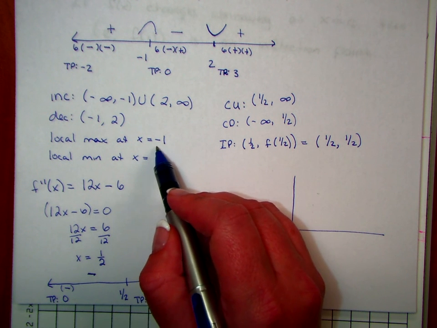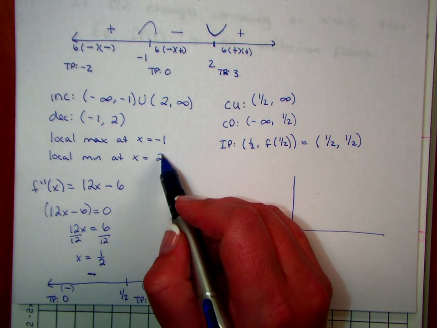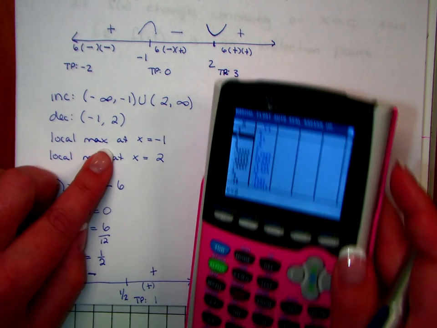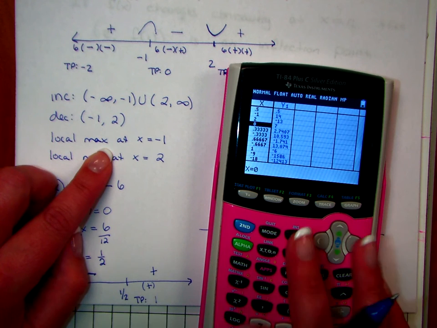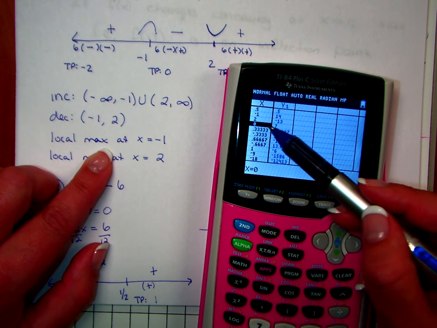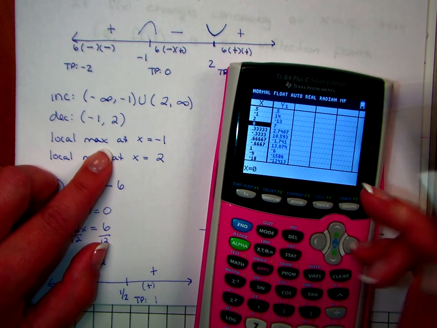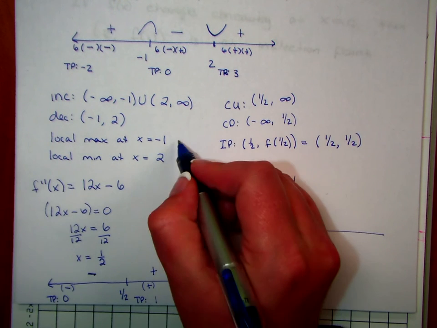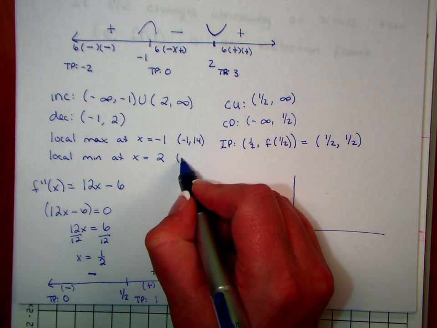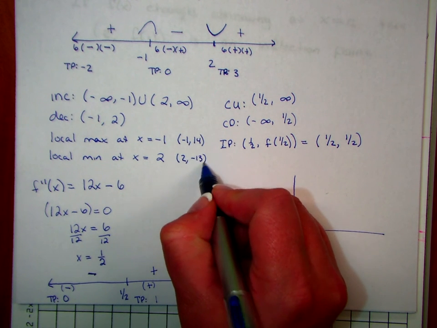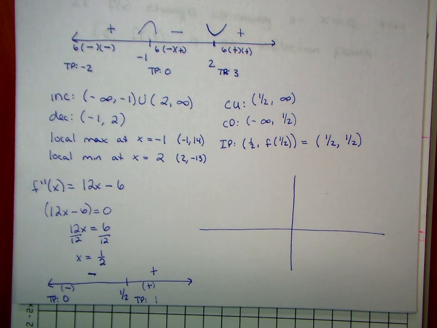So I know I have a max at -1 and a min at 2, but what is the max? Remember, the max is the y value. So I'm going to plug -1 and 2 into my function as well. When I plug -1 into the function, I get 14. So I have a max at -1, comma 14, and I have a min at 2, comma -13, just so I have an idea of where to plot those.